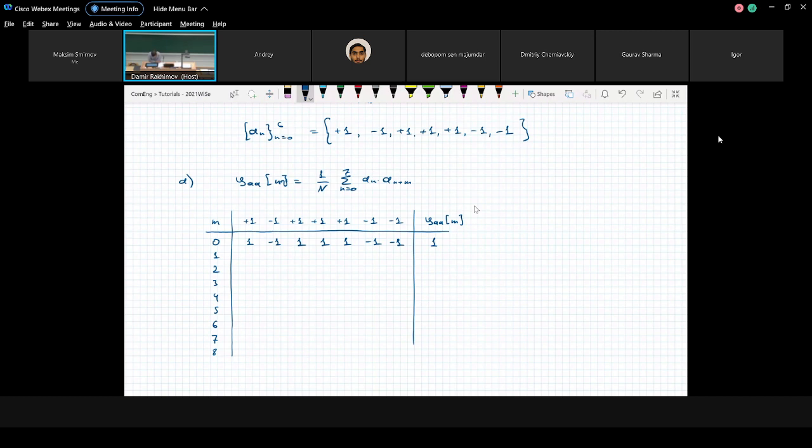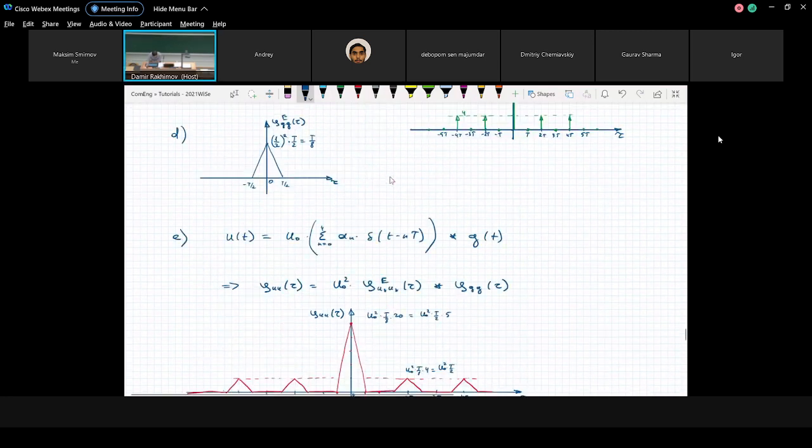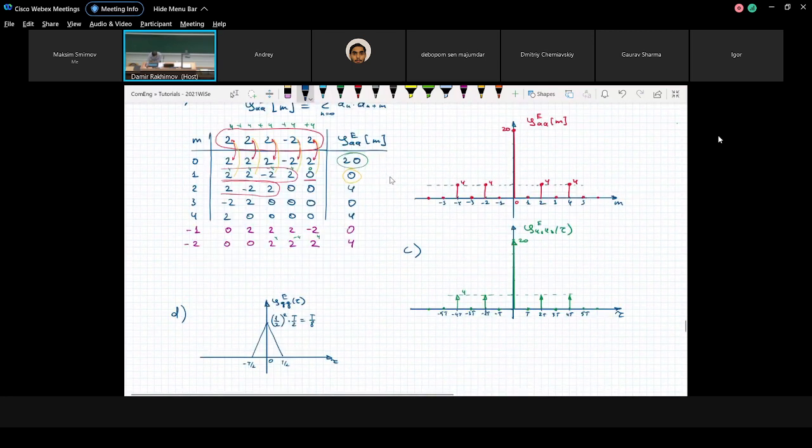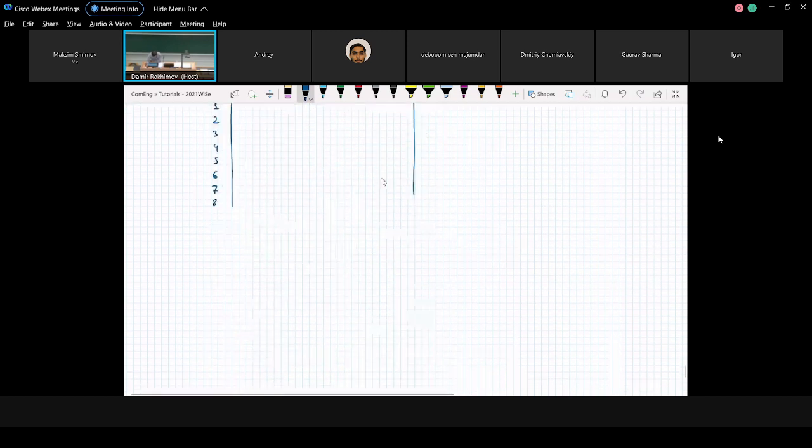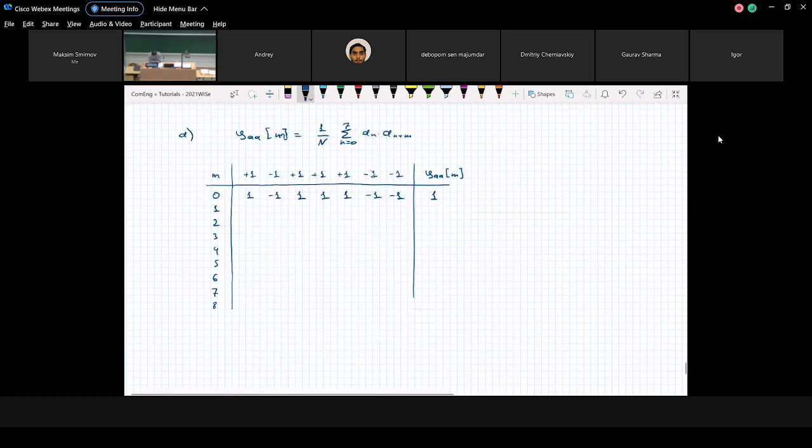Okay, let's go further. We shift by 1 to the left side. We have minus 1, 1, 1, 1, minus 1, minus 1.